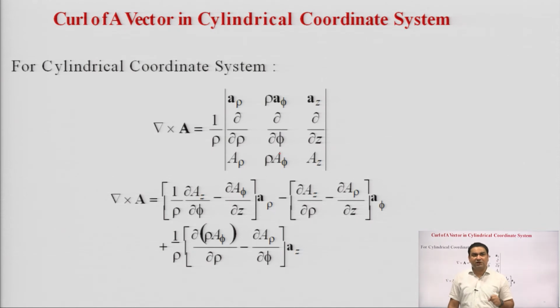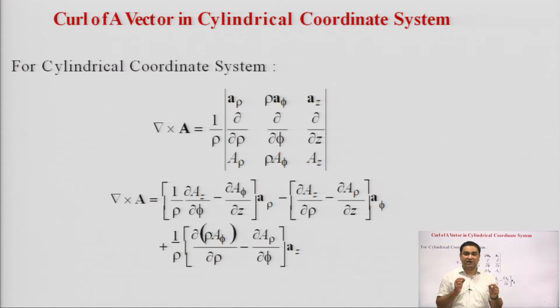For the cylindrical coordinate system, this can also be defined like del cross A is equal to 1 upon rho times the matrix with A rho, rho A phi, A z. Here the unique thing is with the phi component. The phi component cannot be used separately or independently in the matrix form, because it is an angle.